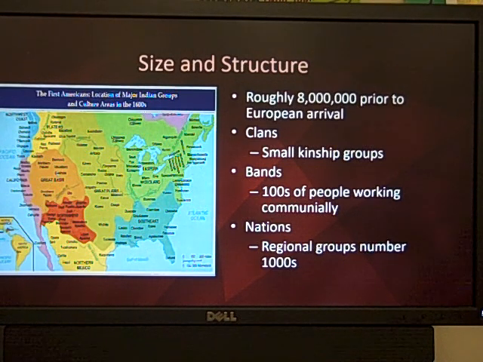So roughly 8 million. The structural breakdown of those 8 million really comes into three parts, and there's a hierarchical element: clans, bands, and nations. Clans are small familial groups, numbering a dozen, a couple dozen, but double digits.